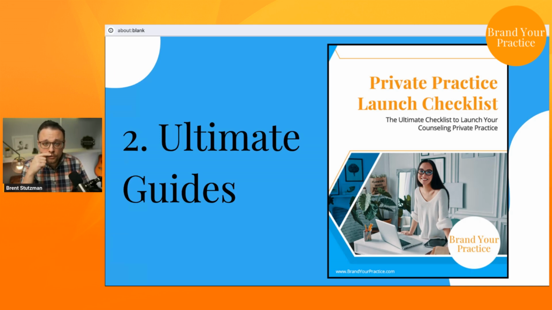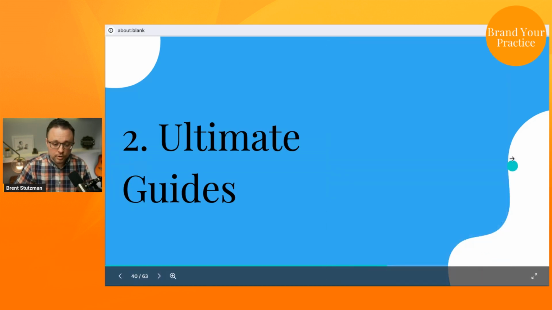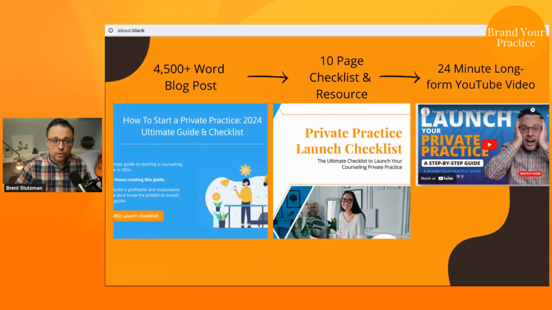So I created this guide also with a lot of SEO in mind. At the time, Google's algorithm was favoring and rewarding in-depth authoritative content. They've changed it. It's much different today, so it doesn't rank as high for a lot of reasons. But this has worked really well for me, the launch guide. So I basically took a 4,500 word blog post, how to start a private practice, and turned it into a 10-page checklist and resource with further links to other videos and things like that.